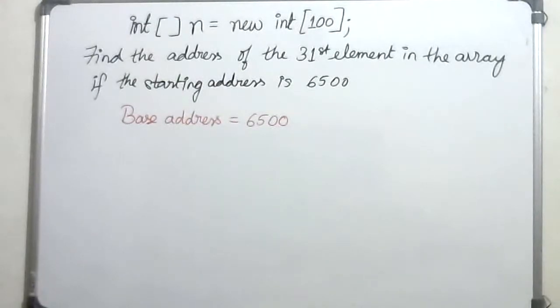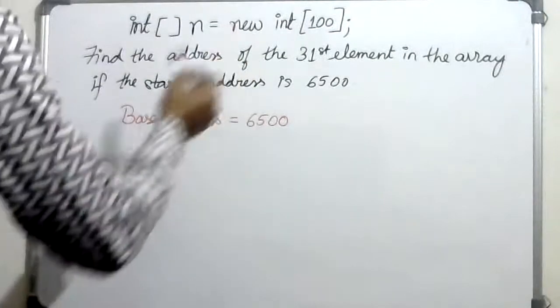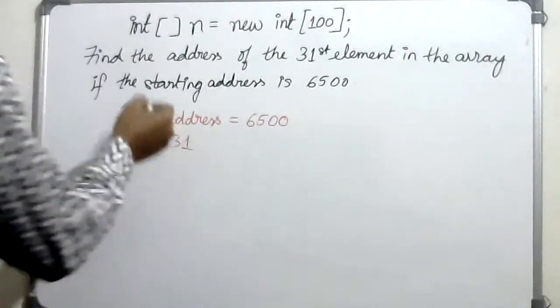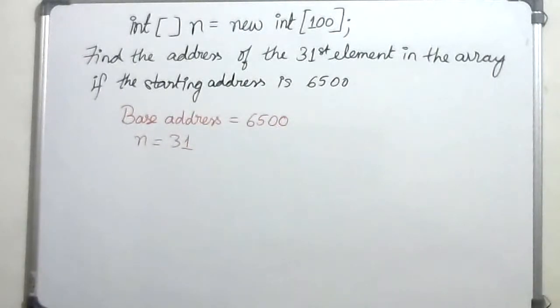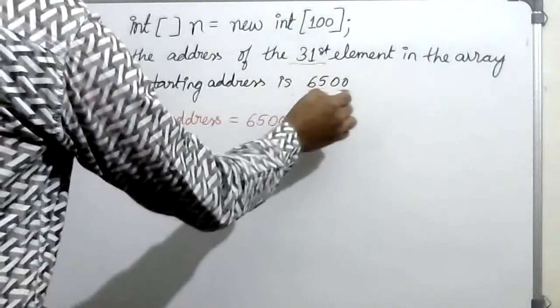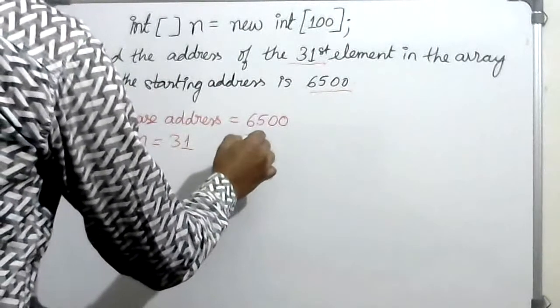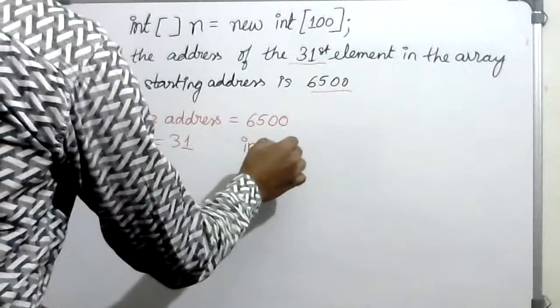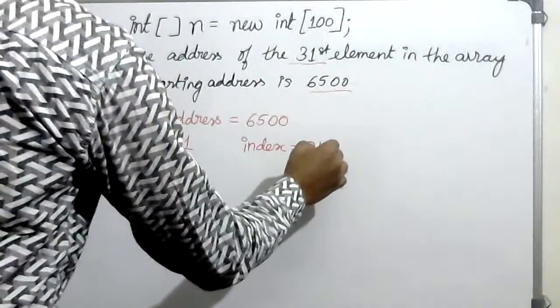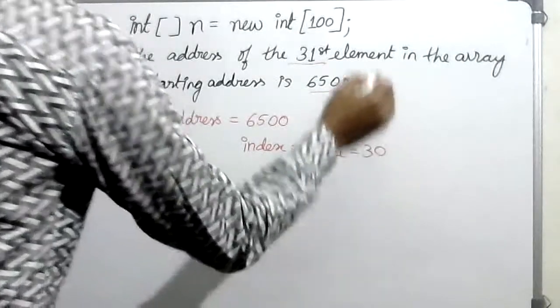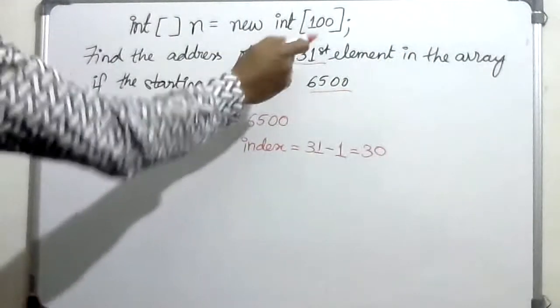So we already have the base address, which is 6500. N has a value of 31, which is already given here. The base address is given here. To find the index, we'll simply do n minus 1, which is 31 minus 1, which is 30. So the index number of the 31st element is 30.